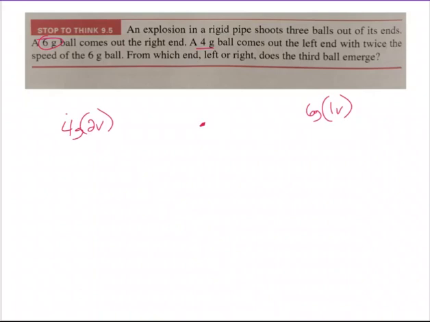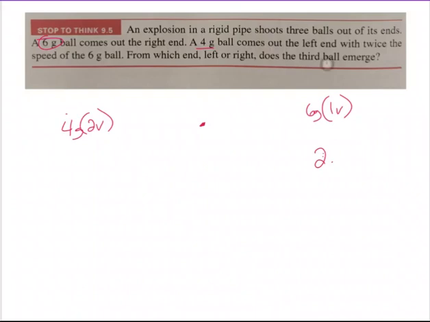Over here we have 6 momentums, over here we have 8 momentums. That means we have to conserve momentum by applying 2 more momentums on the right hand side so that we have a balance. Does that make sense? So we need two momentums on this side from the last ball.